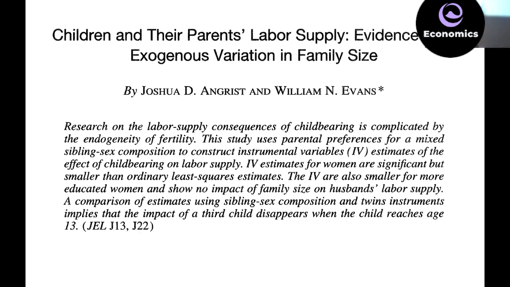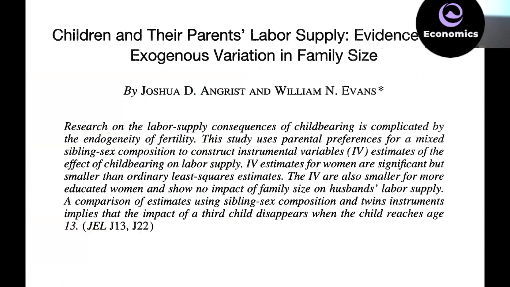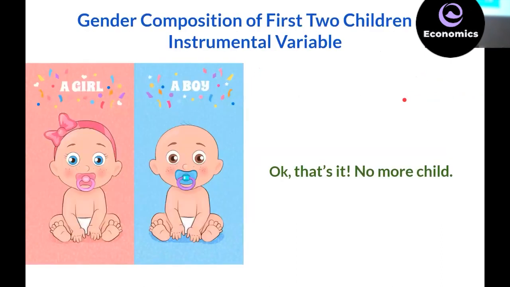So a correlation does not mean causality, and maybe sometimes the job is so demanding that they can't have children and so on. So they thought really hard and came up with a really innovative instrumental variable, and that is the gender composition of the first two children.